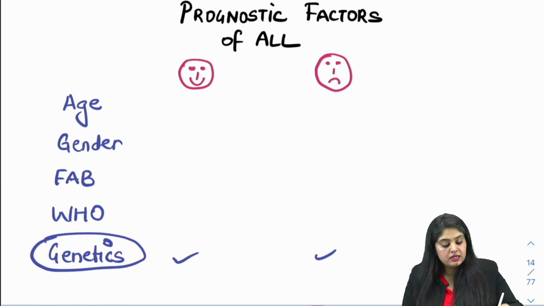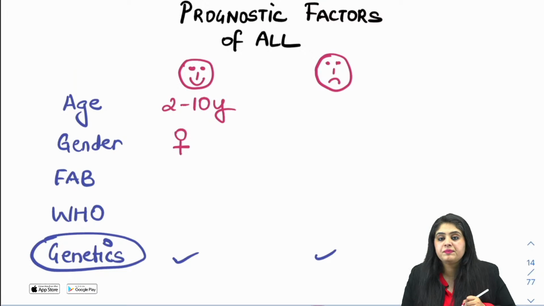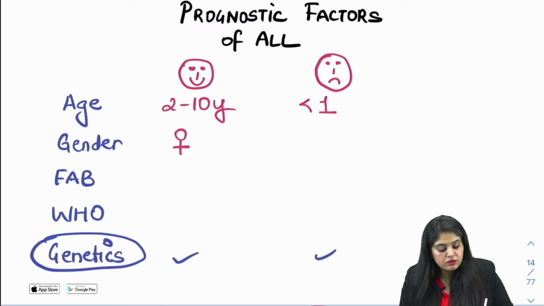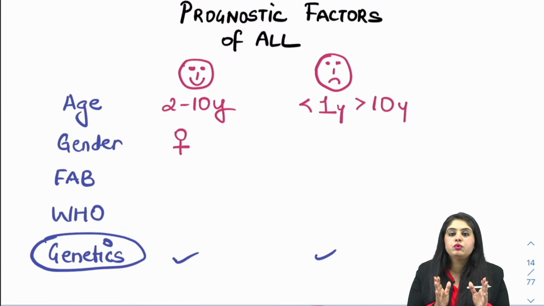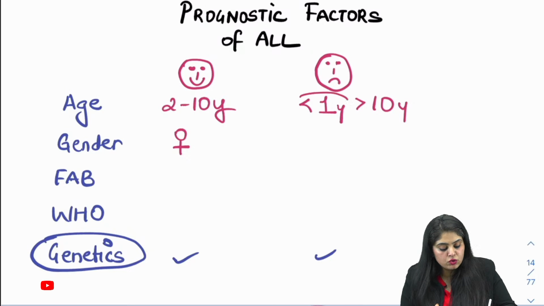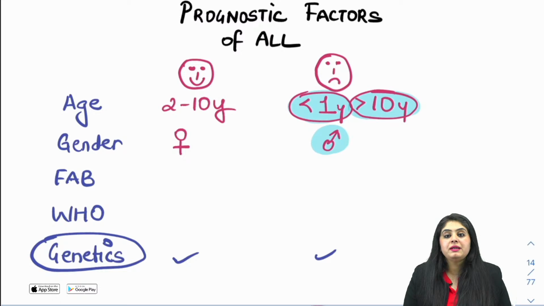A 2 to 10-year-old female is good, but less than 1-year-old or more than 10-year-old, meaning very small or very big, is bad; the normal range is fine. A very small child, or a child who's a little bigger and who's male, that is going to be bad.